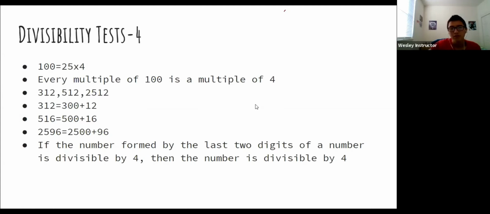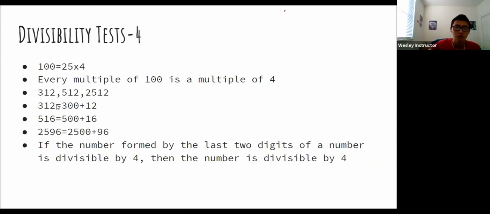4. This is a trick to use for 4. We look at the last 2 digits of a number and see if that's divisible by 4. If that number is divisible by 4, that means the whole number is divisible by 4.